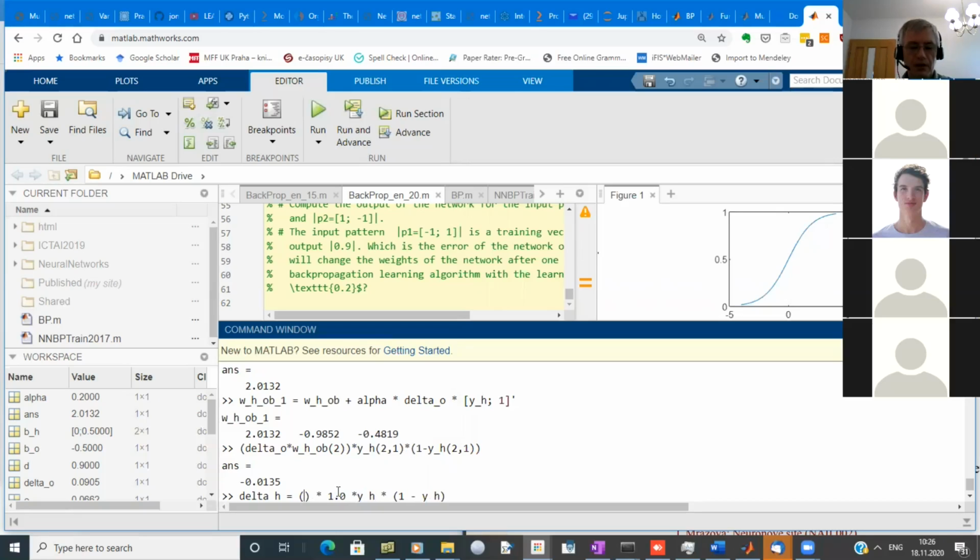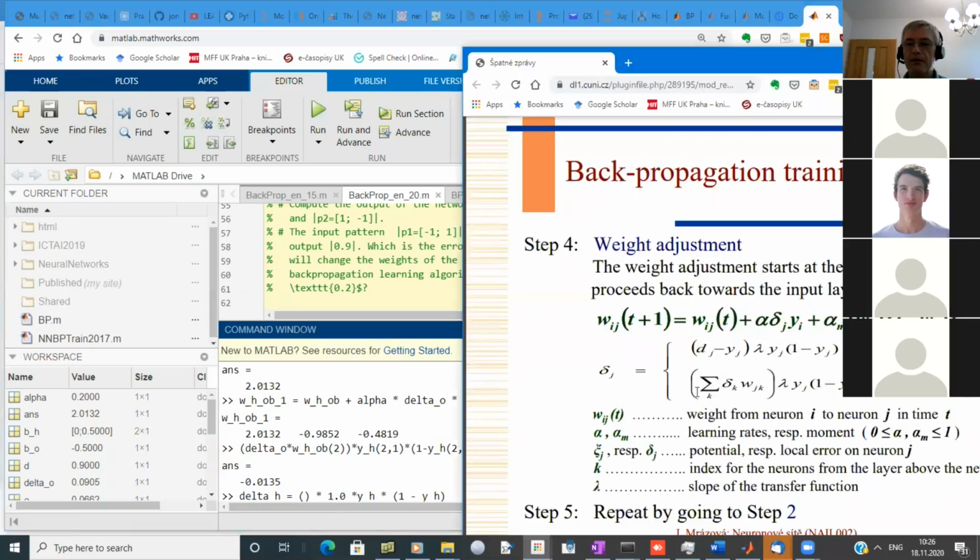Here should come something which will compute this first part, the sum. It should be easy.